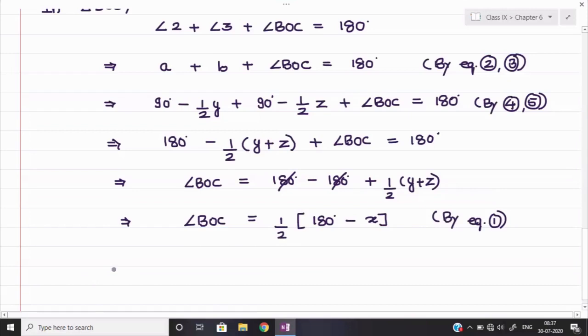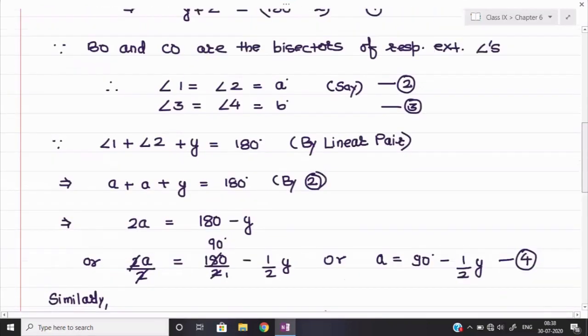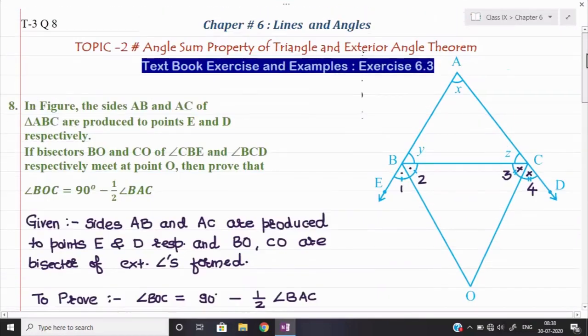Okay, now if I multiply 1 upon 2 inside, angle BOC would be equal to 90 degrees, because if I multiply 1 upon 2 in 180, 2 and 180 will be cancelled, remaining 90 minus 1 upon 2 into x. Actually it will come x here, but what is x in the figure? You see x is the value of angle BAC, in short we can say that is the value of angle A. Check in the figure.